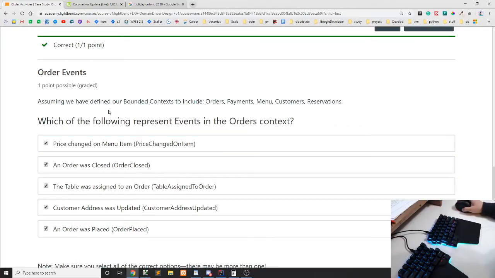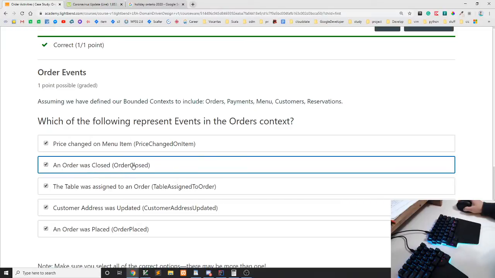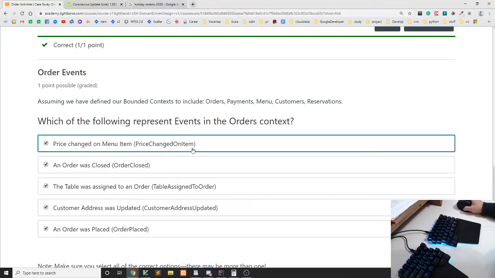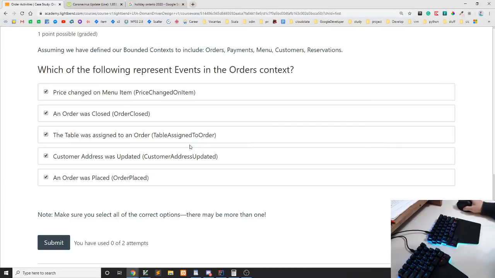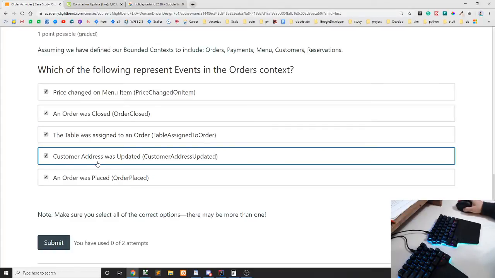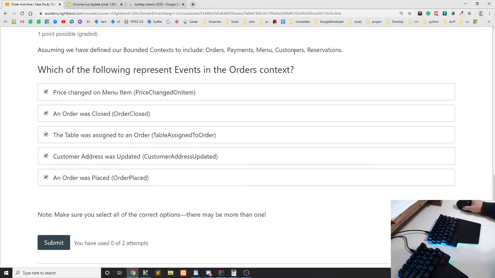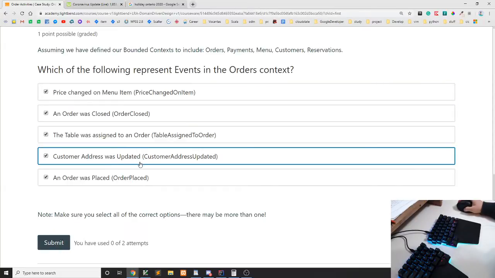Assuming we have defined our bounded contexts to include order, payment, menu, customers, reservation, and order closed, price changed on item. Why suddenly item? The table was assigned to an order. Table assigned to order. Customer address was updated.